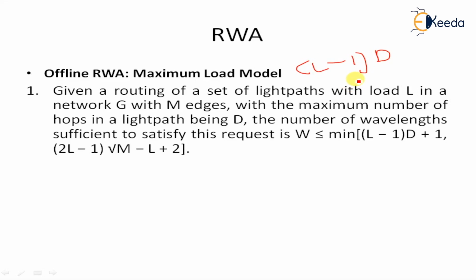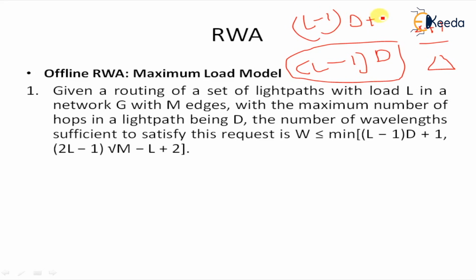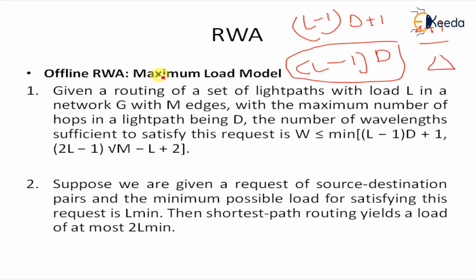Therefore the maximum degree of the path graph is (L minus 1) times D. Any graph with maximum degree delta can be colored using delta plus 1 colors by a simple greedy coloring algorithm, and hence the path graph can be colored using (L minus 1) times D plus 1 colors.